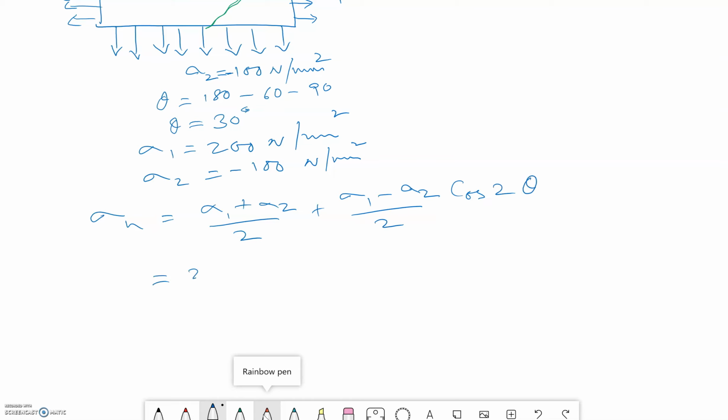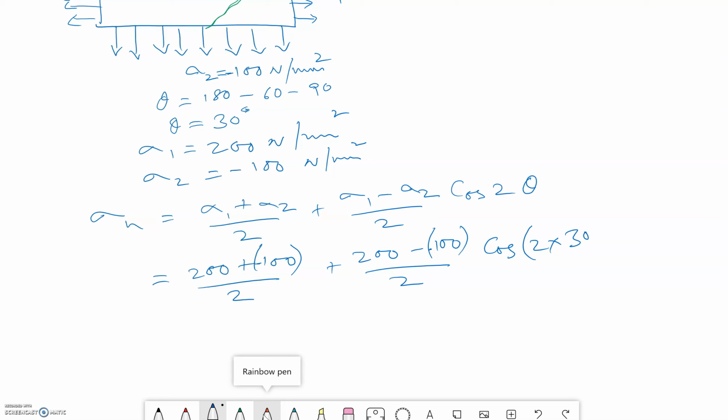Sigma 1 is 200, sigma 2 is minus 100, so you get (200 minus 100) by 2 plus (200 plus 100) by 2 cos 60.